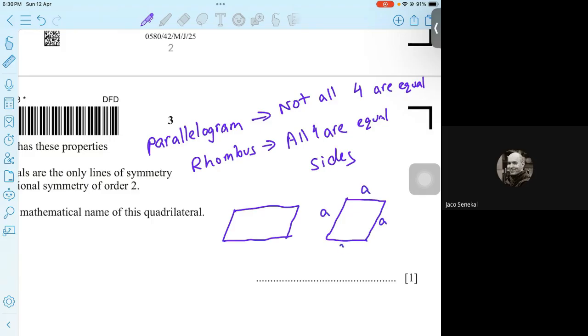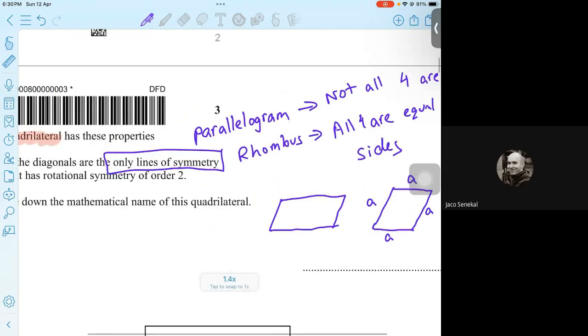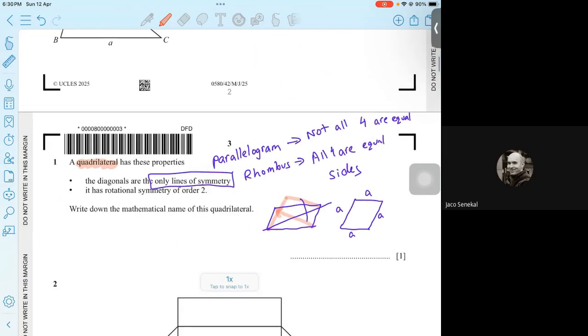Okay. In this part, you're going to see that for the only line of symmetry, if I do this, it is not a line of symmetry. If you fold the shape, it's going to be something like this, okay? And it does not match this, which means the diagonals are not lines of symmetry for a parallelogram.